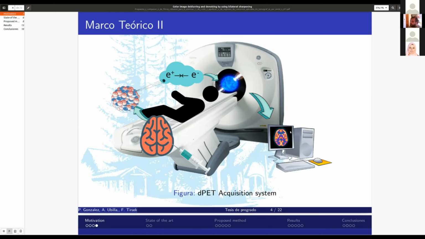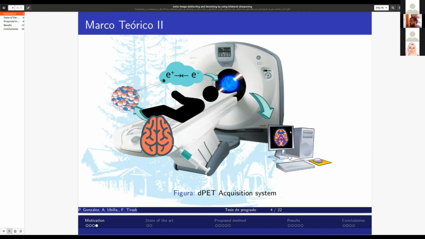With this, we can see the real activity in the tissues, and we can observe the normal or abnormal behavior of the tissues.